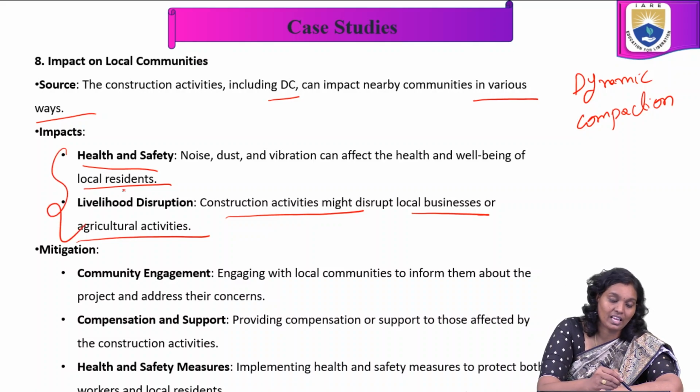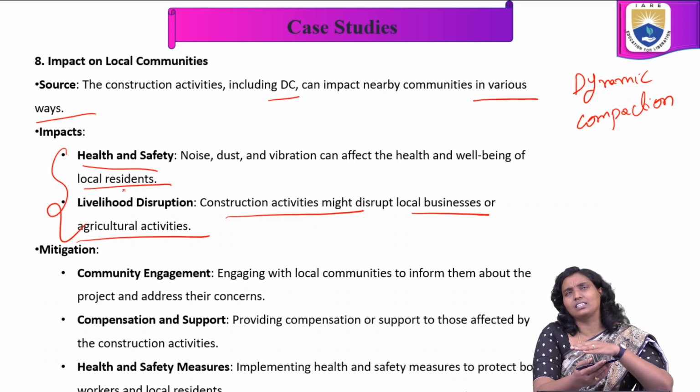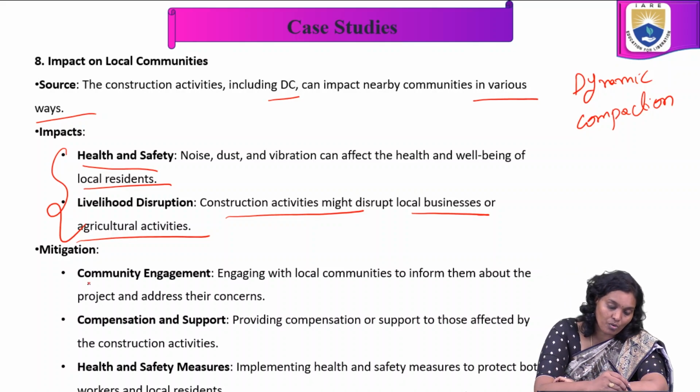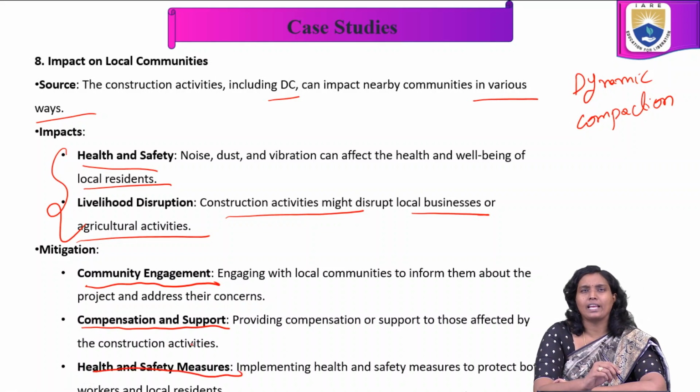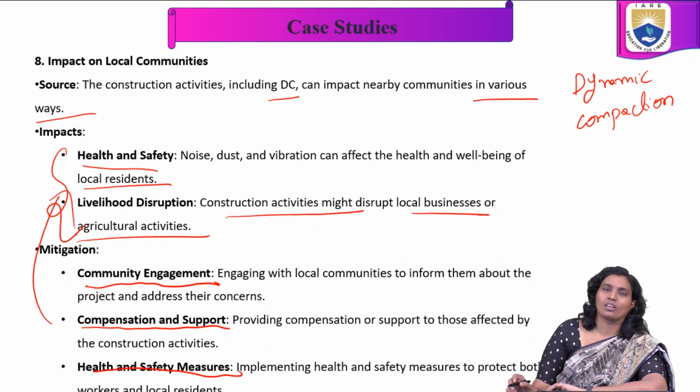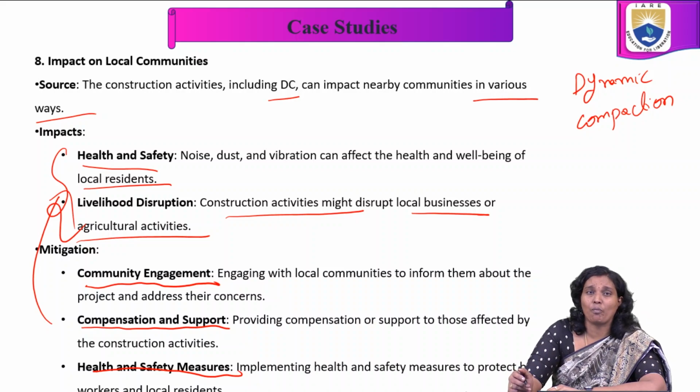These effects are all considered environmental concerns. For these, remedies such as community engagement, compensation and support, and health and safety measures are helpful for reducing the effects of ground improvement techniques such as dynamic compaction.